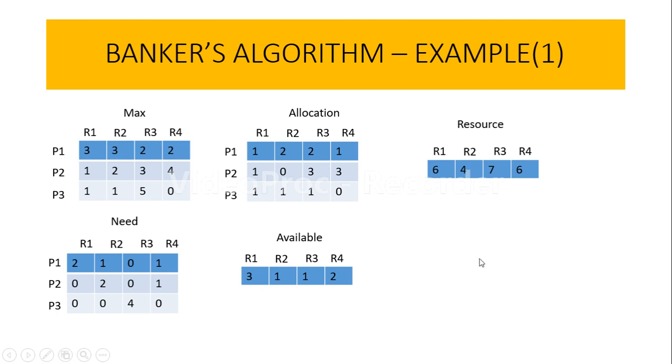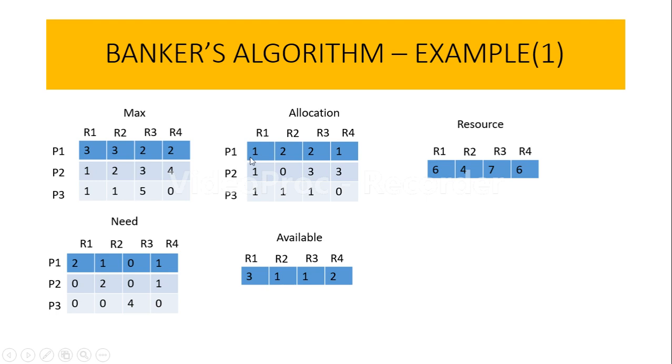Okay. Then the next thing we have to see is the allocation. Initially please consider, as we know there are 3 processes and each process has its own use of resources, or its own allocation table. P1 is holding 1 instance of R1, 2 instances of R2, 2 instances of R3 and 1 instance of R4.